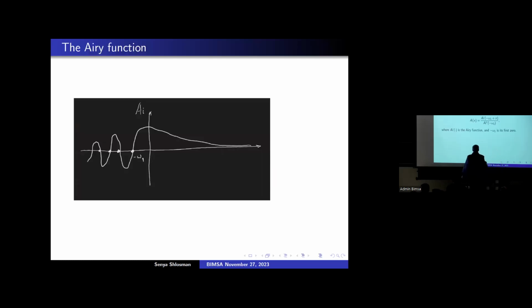The Airy function is something everyone should know. And this is the case, right? See, everyone knows. That's the graph of the Airy function. It's a very important function.